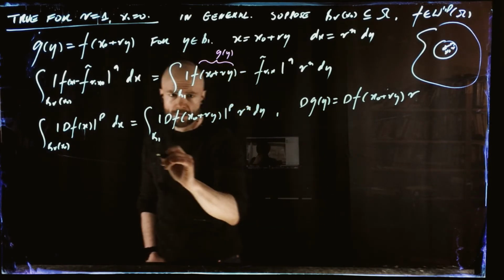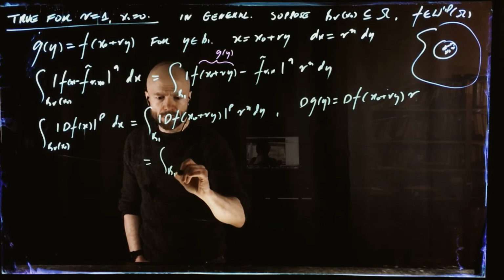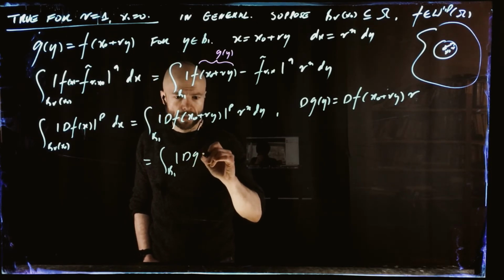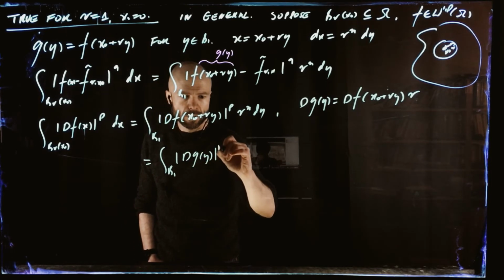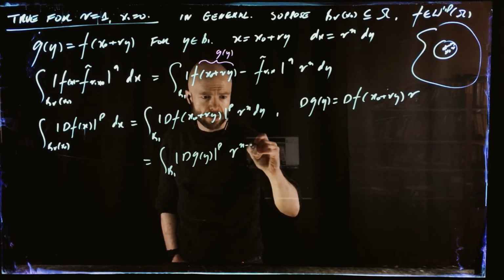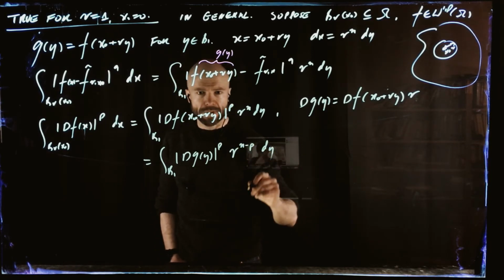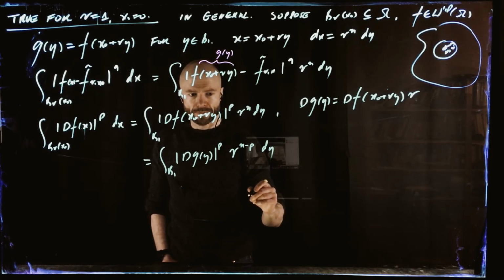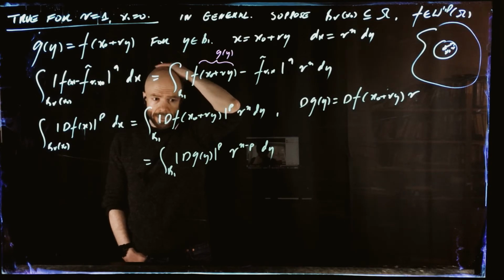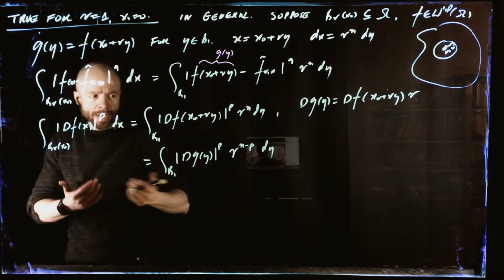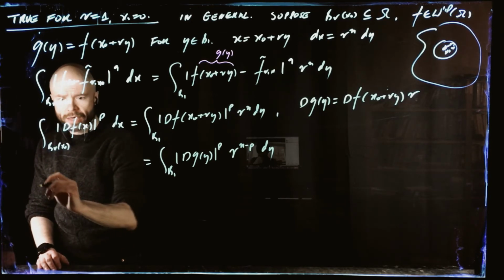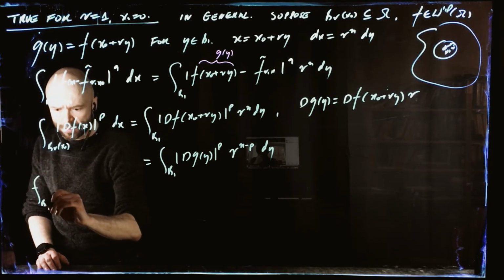So then this thing is the same as the integral like this of the gradient of g of y to the p, and then we're going to have r to the n minus p, like this. Yeah? Cool.